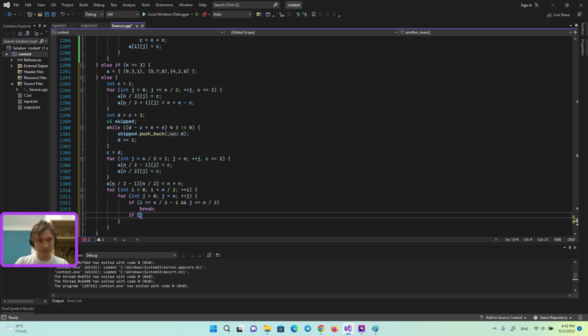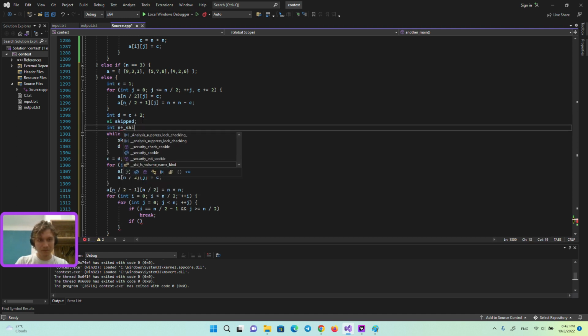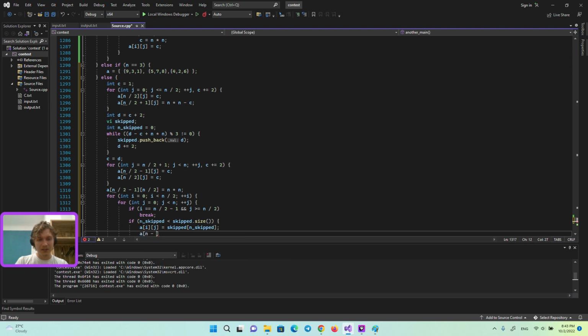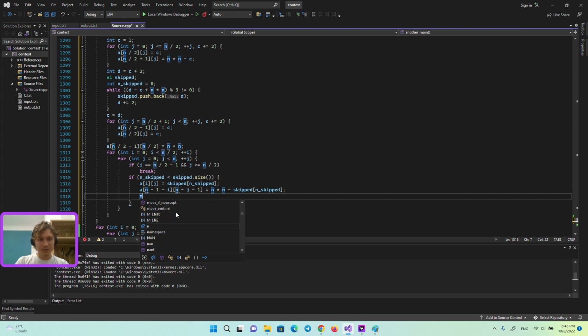Else, if n skipped is less than skipped dot size, then I say that a[i][j] equals skipped[n skipped], and a[n - 1 - i][n - j - 1] equals n times n minus skipped[n skipped], and n plus plus and skipped plus plus.